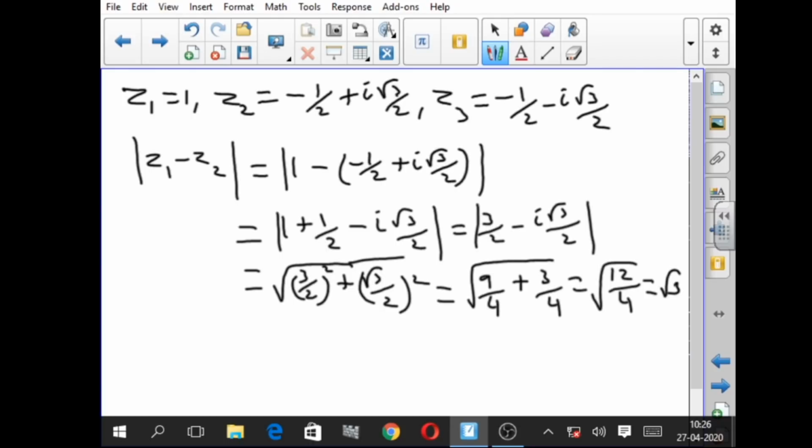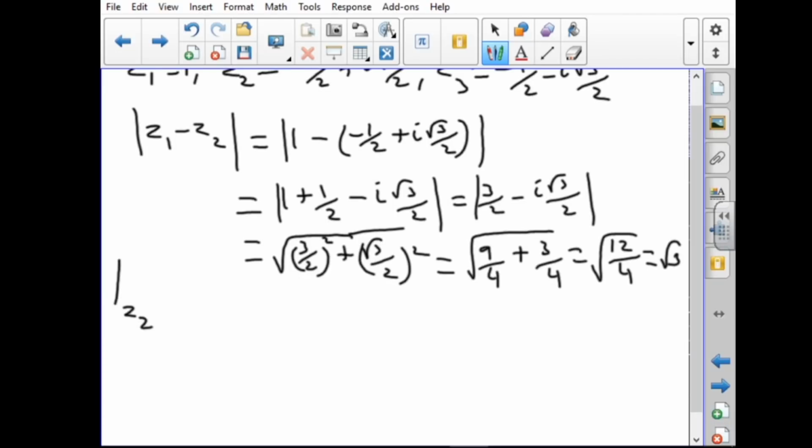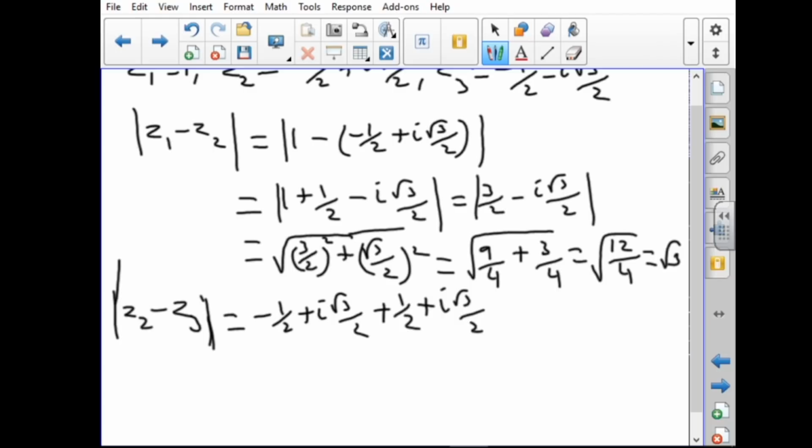Similarly, we now find the modulus of Z2 minus Z3. Z2 is minus 1 by 2 plus i root 3 by 2, minus of the third, Z3. Therefore, you can take it as plus 1 by 2 plus i root 3 by 2.